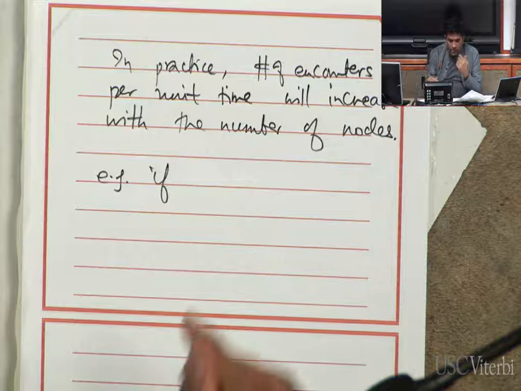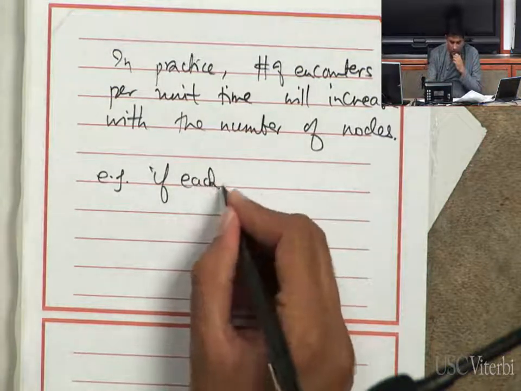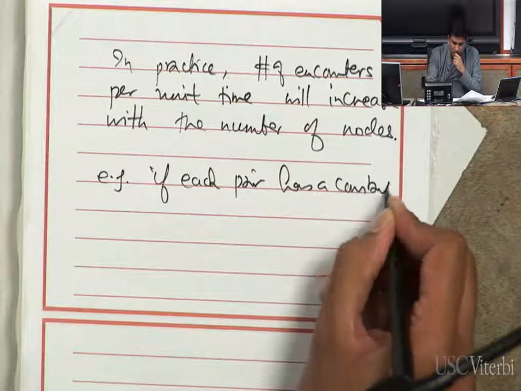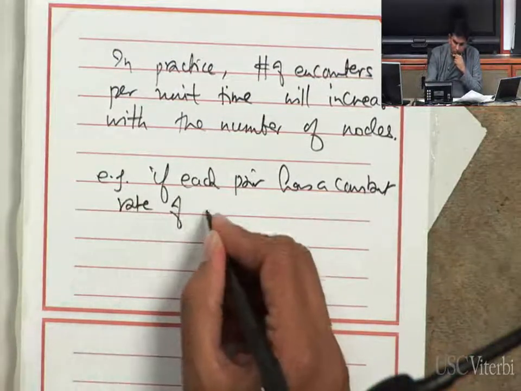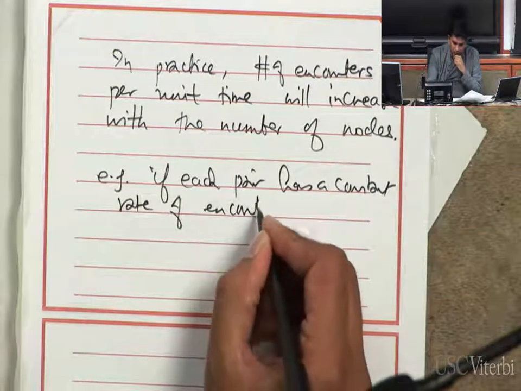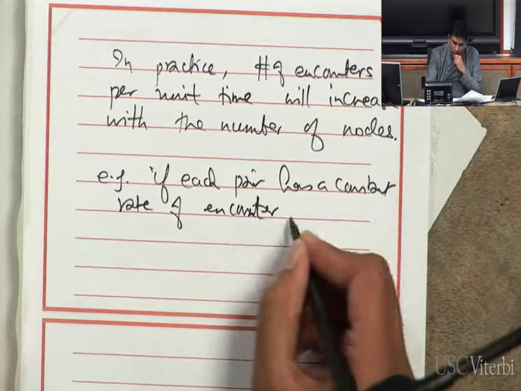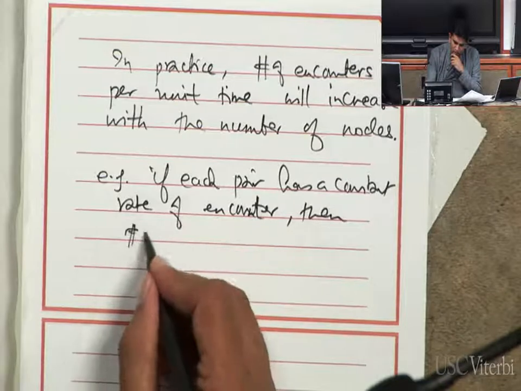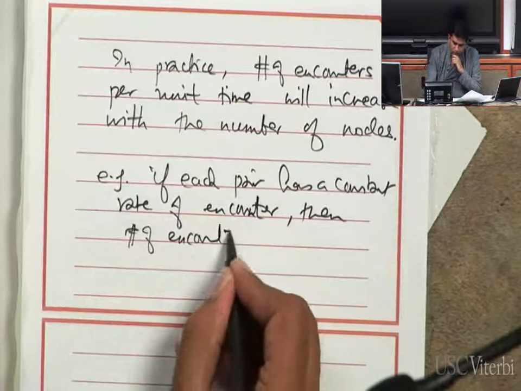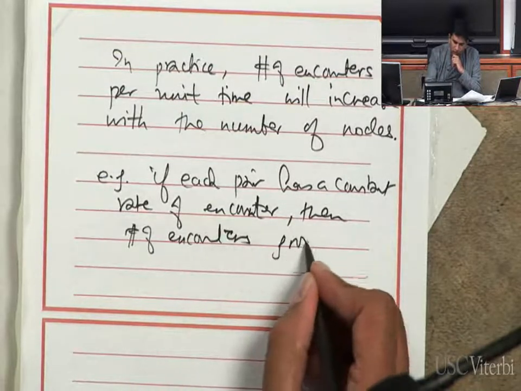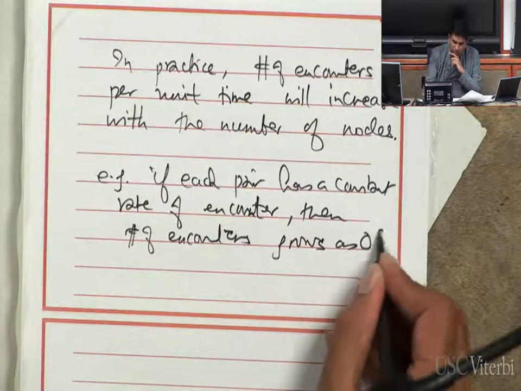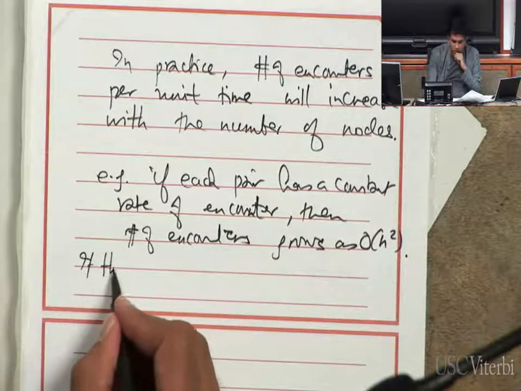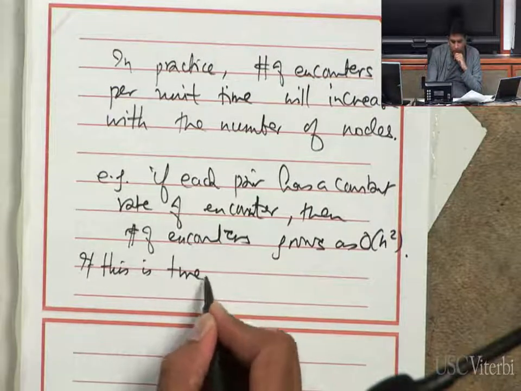And so if each pair has a constant rate of encounter, then the number of encounters grows as order n squared. Okay? If this is true, why would this be true?